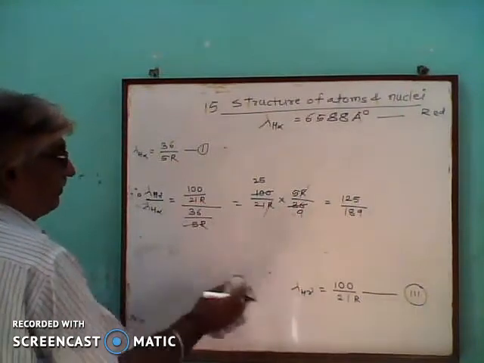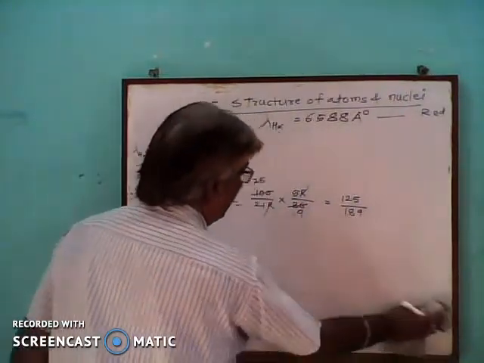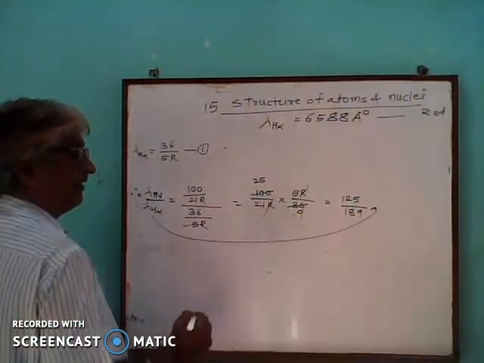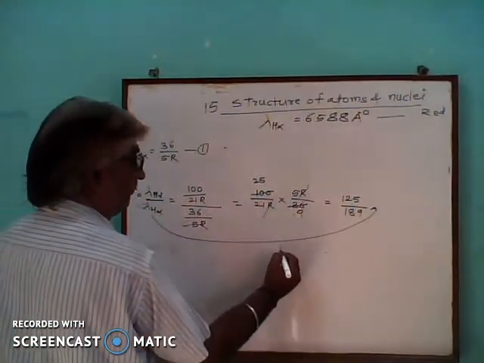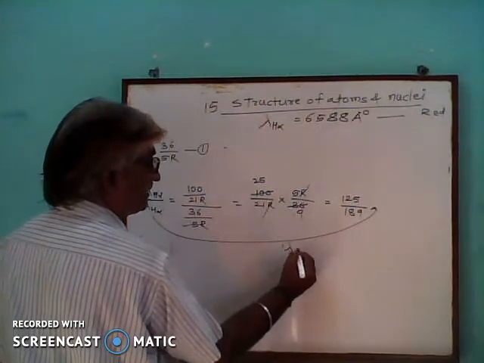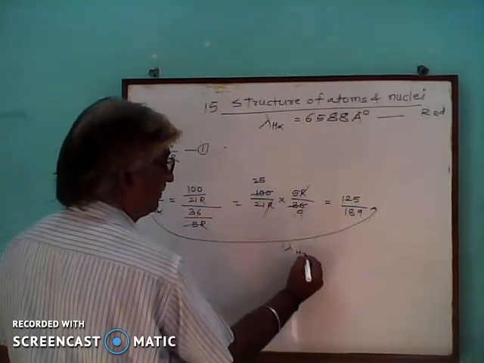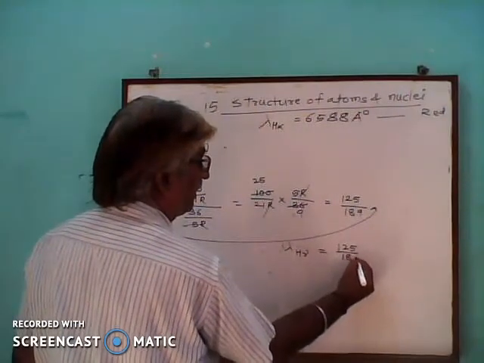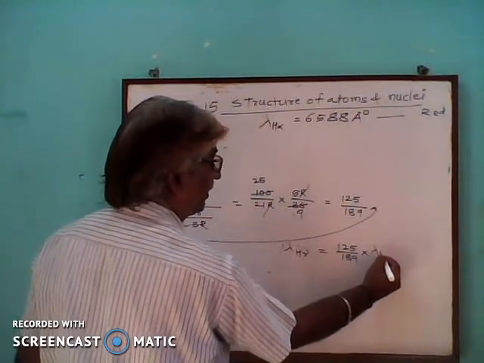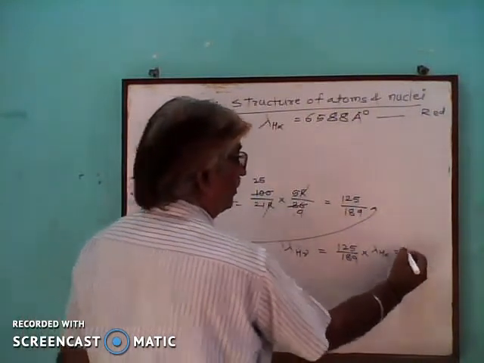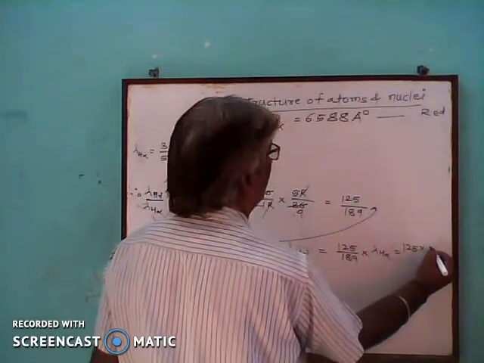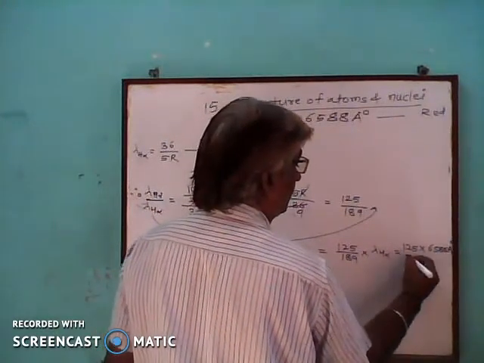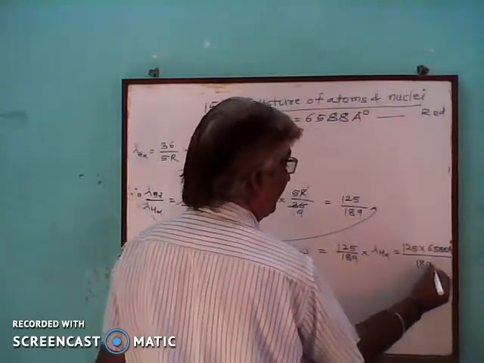So the wavelength of the H gamma line is equal to 125 upon 189 multiplied by lambda H alpha, which is equal to 125 multiplied by 6588 angstrom unit divided by 189.